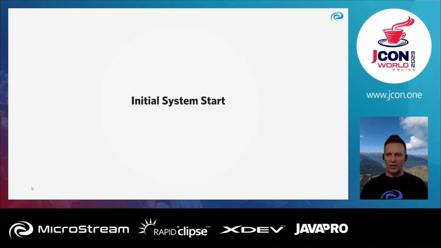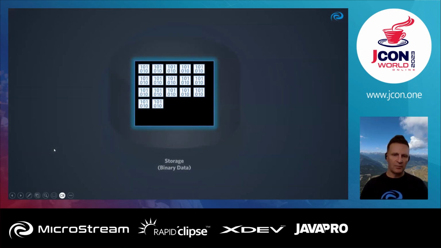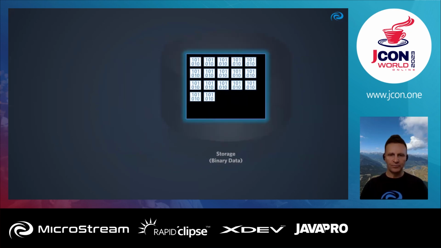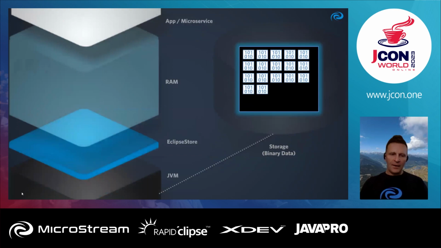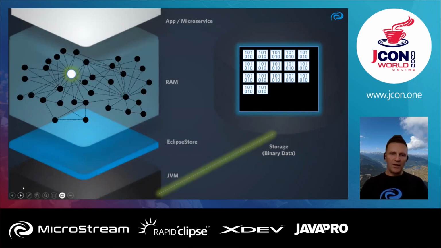When a system starts, and this is very important, here is my storage. When a system starts, Eclipse Store will load all the information about your whole object graph into the memory.